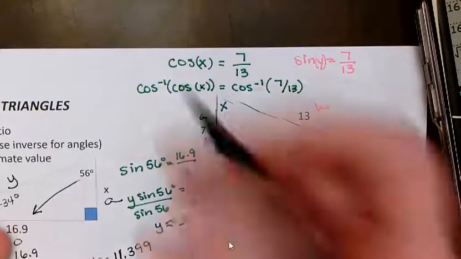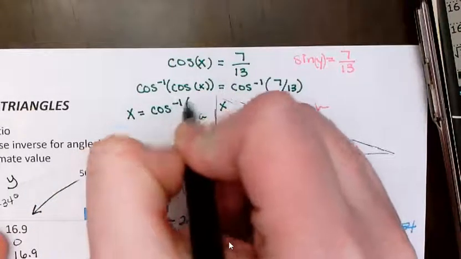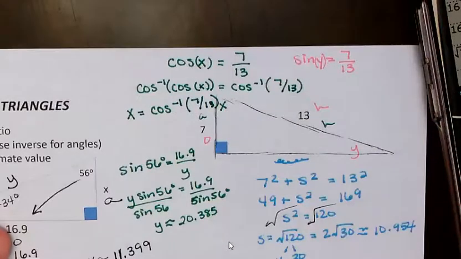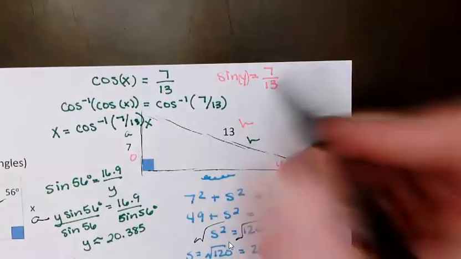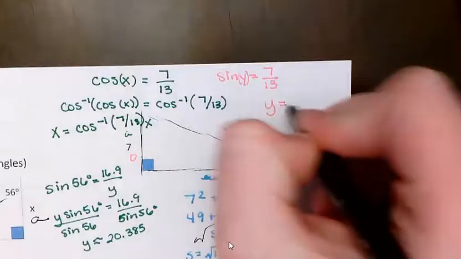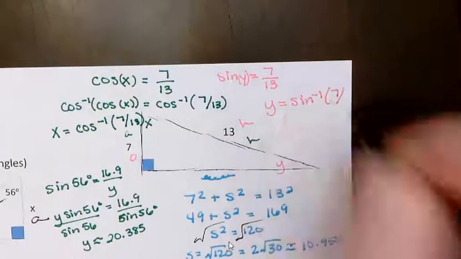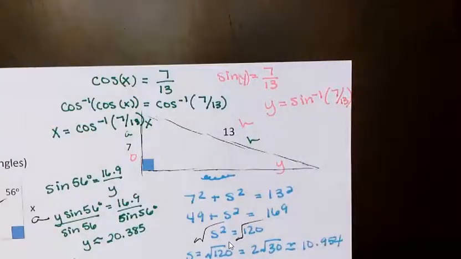So x equals cosine -1 of 7 over 13. Okay? Same thing's going to hold true for the sine. So like I said, what you're going to do is to take the inverse to get y by itself. You're going to go y equals sine -1 of 7/13. Now with that, all we have to do is type that in the calculator and we're going to get degrees.